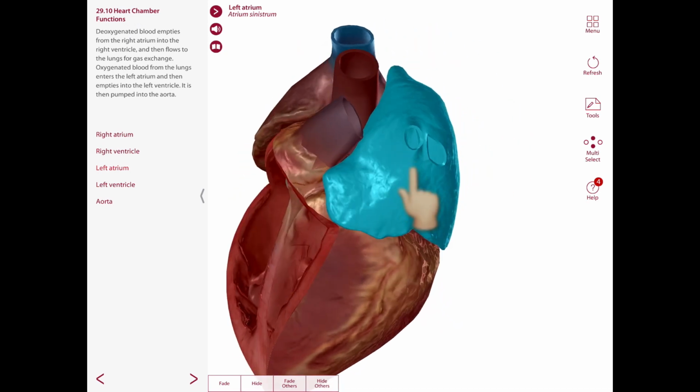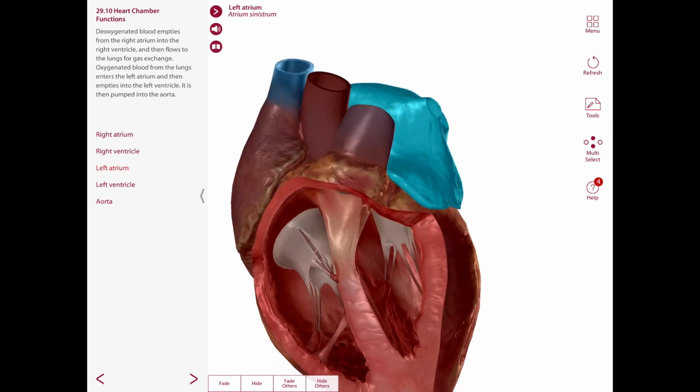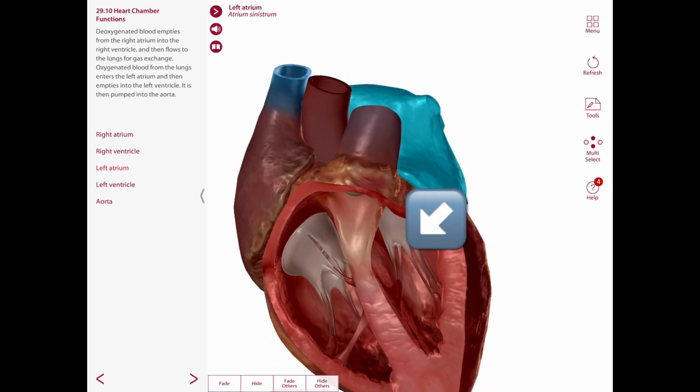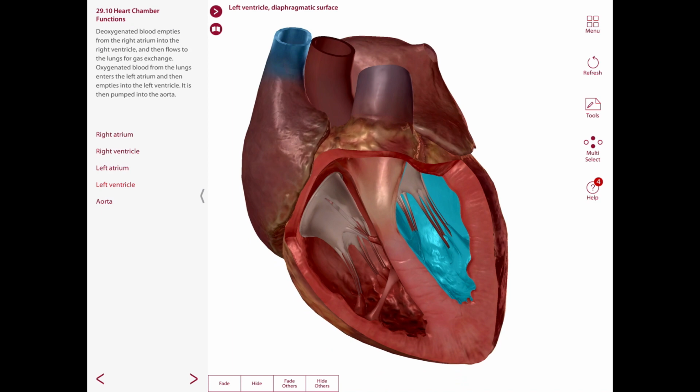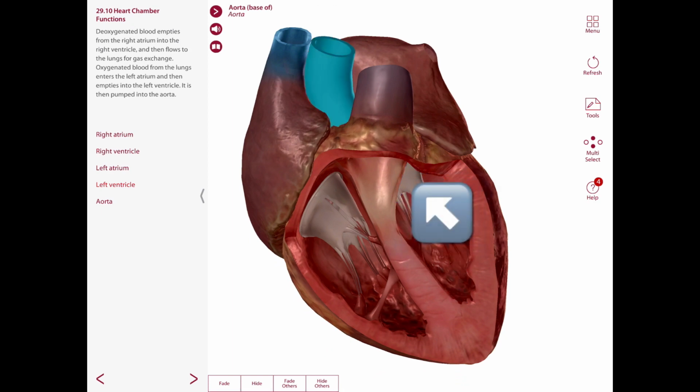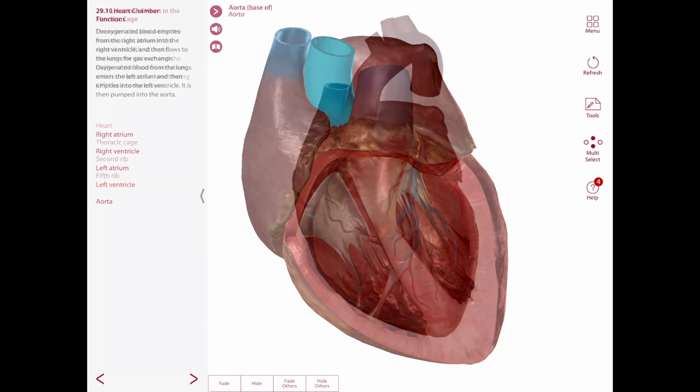Once that blood reaches the left atrium, it passes into the left ventricle. The left ventricle then pumps this blood into the aorta, which is this structure right here, which distributes that oxygenated blood to all the tissues and organs of the body via its branches.